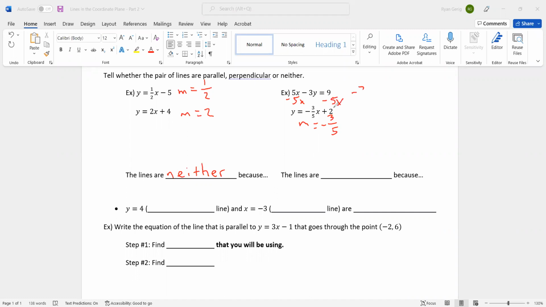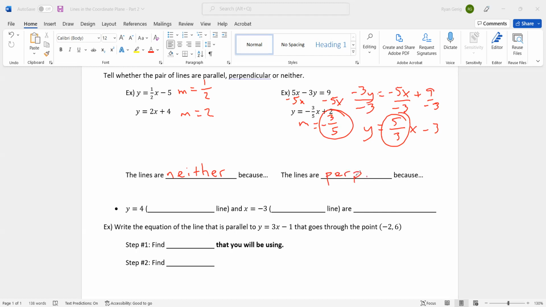So that's negative 3y equals negative 5x plus 9. Divide by negative 3. So I get y equals, negative divided by negative is going to be positive, 5 over 3 x minus 3. So the slope of this one is 5/3, and the other is negative 3 over 5. These lines are perpendicular.